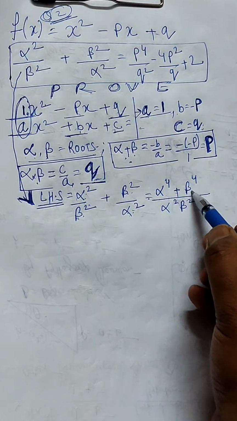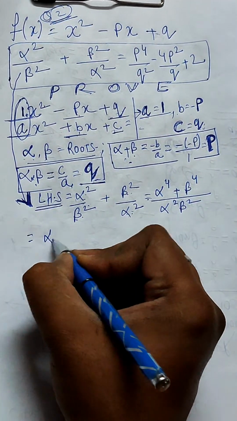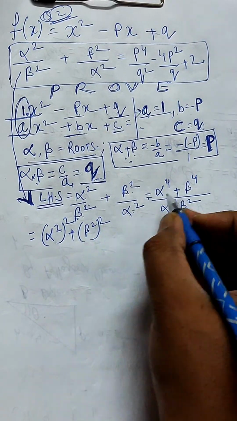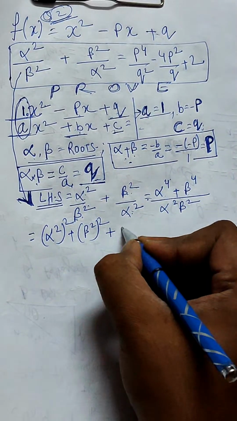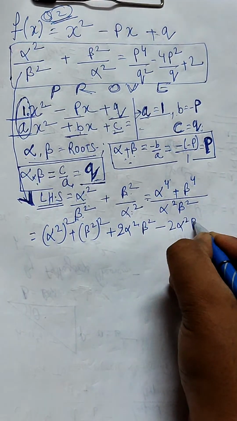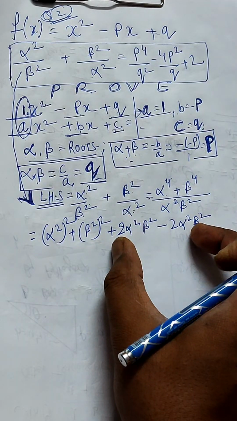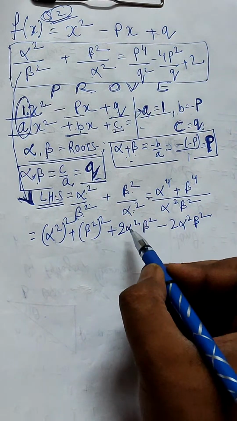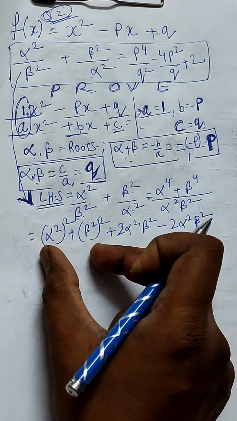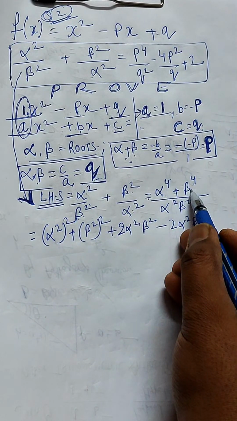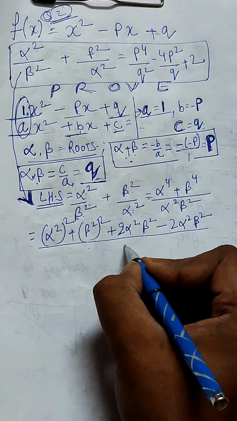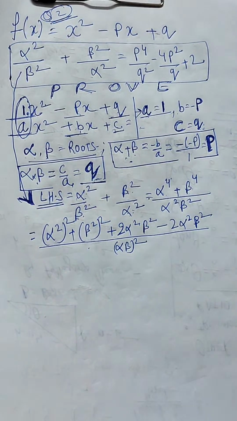Now this can be written as alpha square whole square plus beta square whole square, and just add 2 alpha square beta square and subtract the same, because that is not present in your numerator. So the effective will be alpha^4 plus beta^4 only. Now divided by alpha square beta square, that means alpha beta whole square.